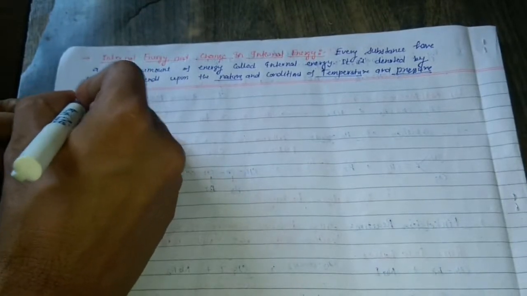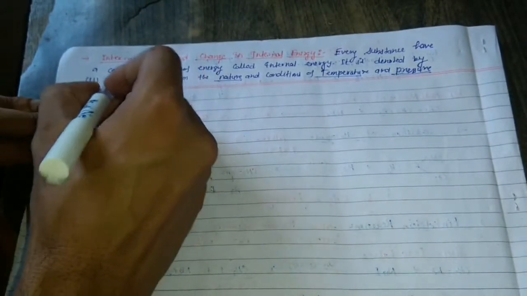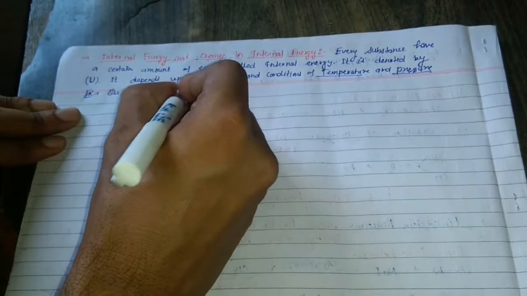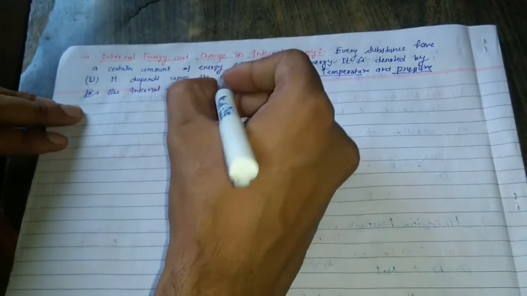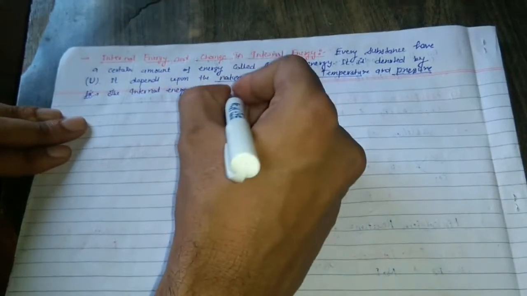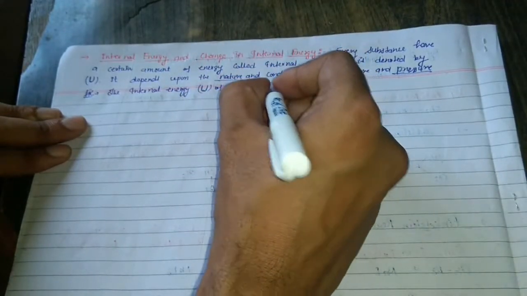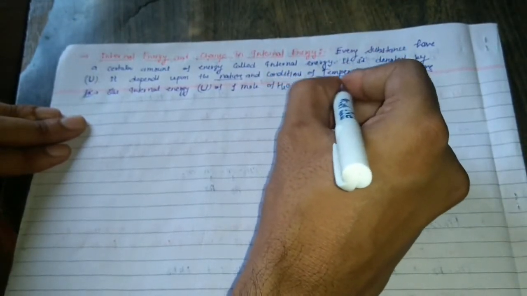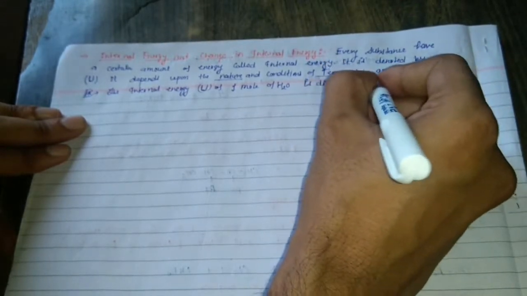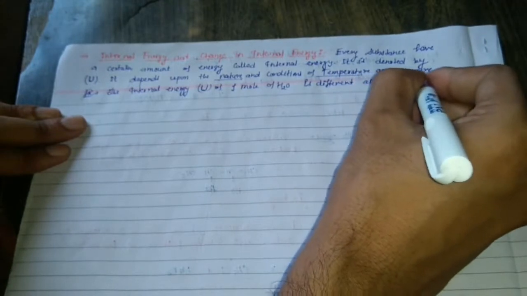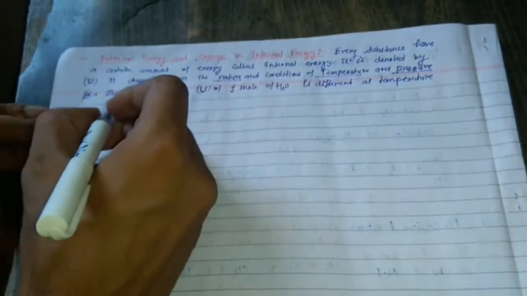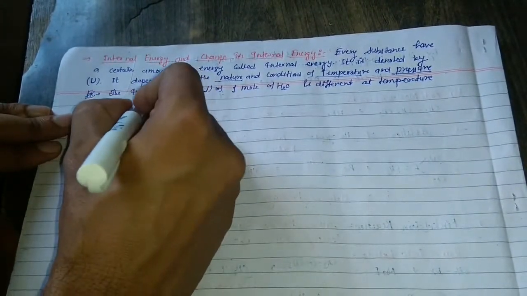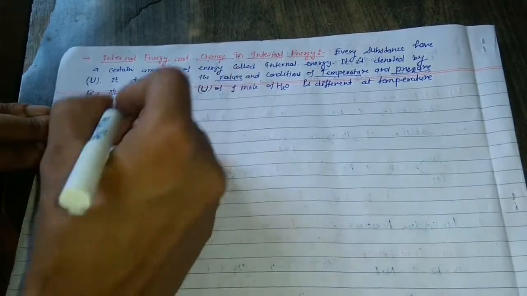Example, the internal energy or capital U of 1 mole of water is different at the temperature of 280 Kelvin and 290 Kelvin.